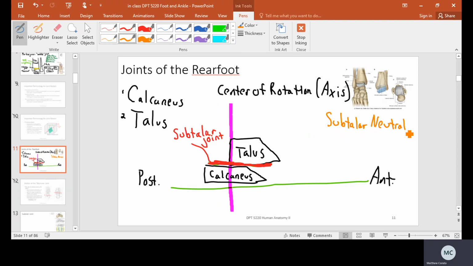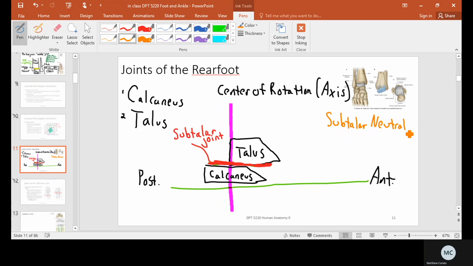The theory is that if you place the subtalar joint in neutral, the foot is going to naturally fall into either rearfoot valgus or rearfoot varus, forefoot valgus or forefoot varus, whatever it is. And then you cast for the orthotic in that position.